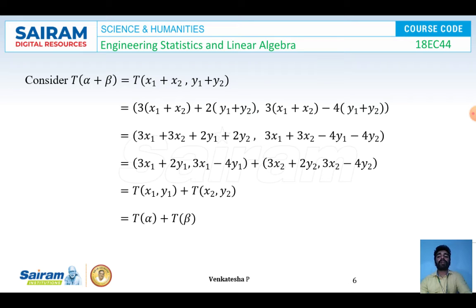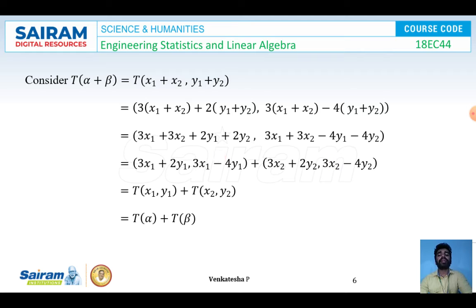So the equation will become 3 times x1 plus x2 plus 2 times y1 plus y2 comma 3 times x1 plus x2 minus 4 times y1 plus y2. Expanding this, I got 3x1 plus 3x2 plus 2y1 plus 2y2 comma 3x1 plus 3x2 minus 4y1 minus 4y2. Now on simplifying this, we get 3x1 plus 2y1 comma 3x1 minus 4y1, plus 3x2 plus 2y2 comma 3x2 minus 4y2.